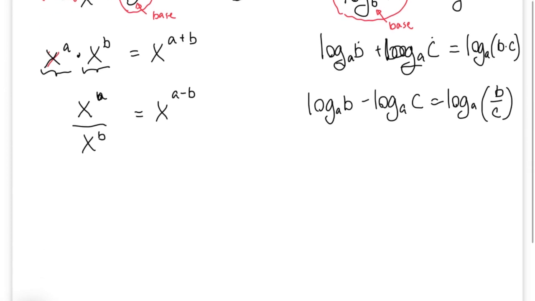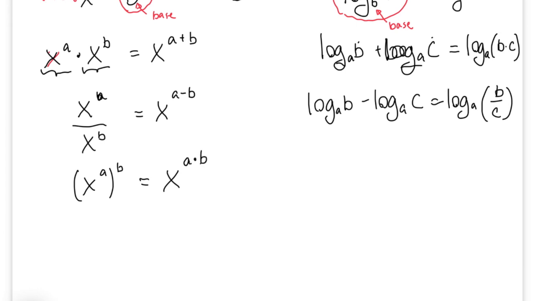Okay, and then also there's the law of a power. When I take a power, I'm going to stick with x's as my base. X to the a, and I raise it to an exponent. Then I can multiply the two exponents together.